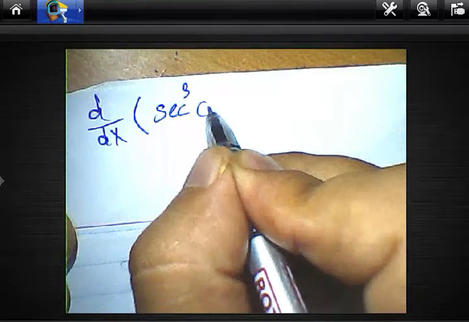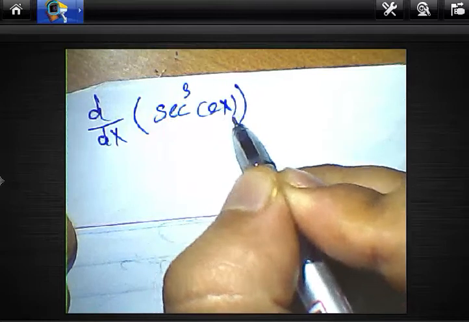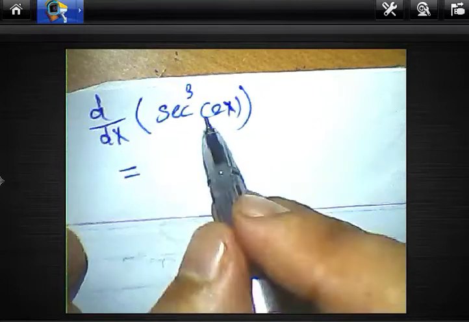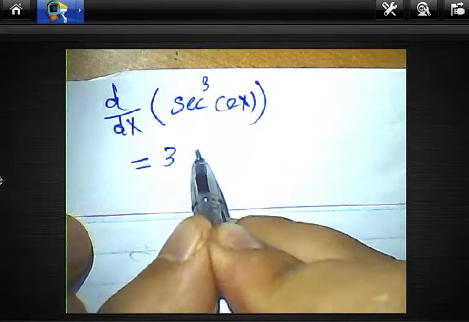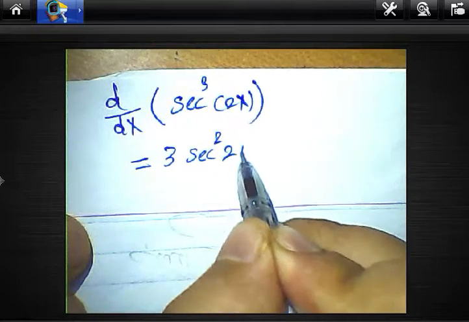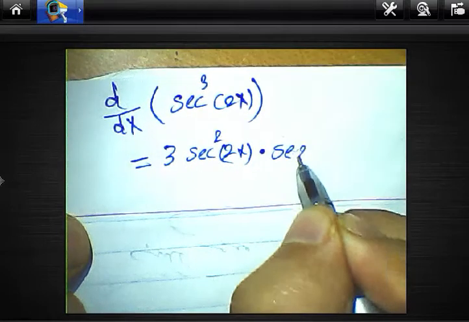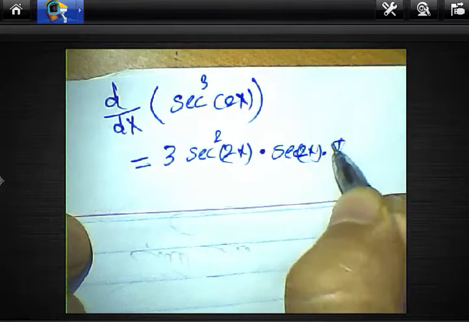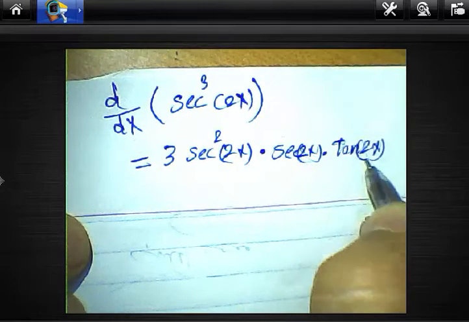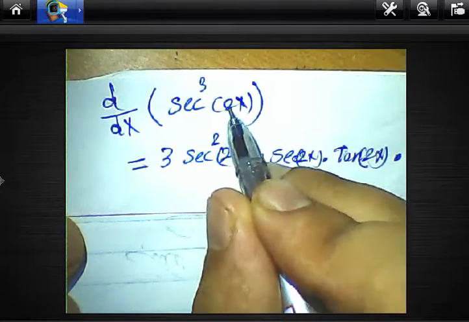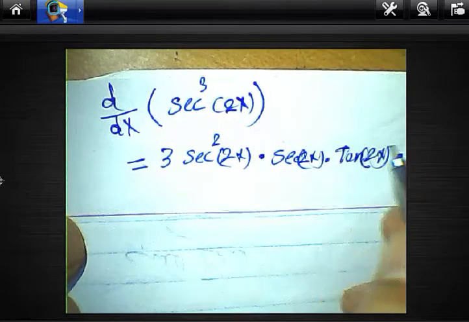Now we want to find the derivative of the function sec power 3 of 2x. Who can find it? We must drop the power outside first: 3 sec power 2 of 2x multiplied by the derivative of sec. The derivative of sec is sec tan, so sec 2x multiplied by tan 2x, multiplied by the derivative of this angle, which is 2. The derivative of 2x is 2.